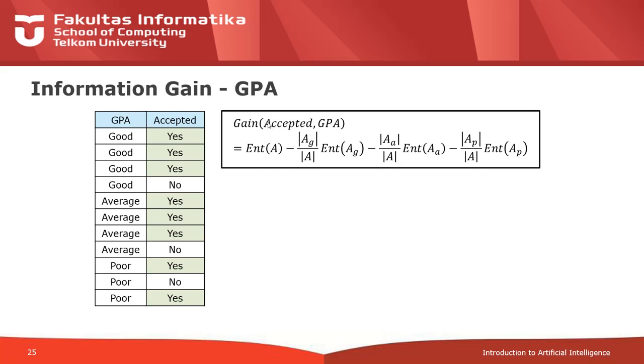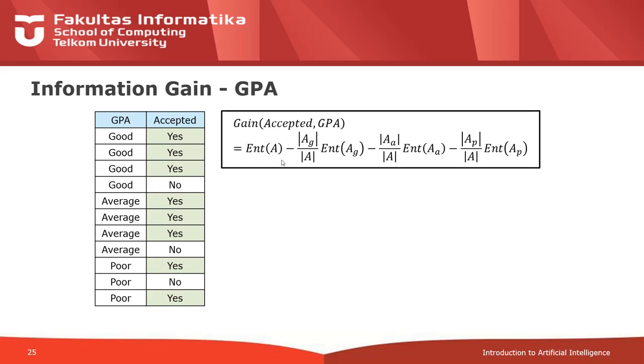What this means is that we want to know how effective the GPA attribute is in predicting the result of accepted. So this is how important GPA is for being accepted.